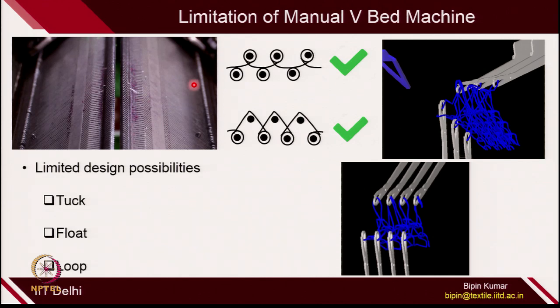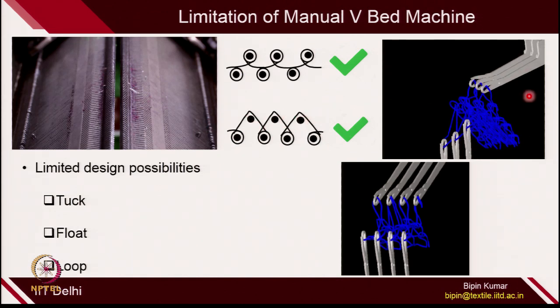the same course. For example, if you see this machine, this particular course is possible, where you have loops being formed on the front side and back side. In this course, a loop is being formed on the front bed and a tuck is formed on the back bed.